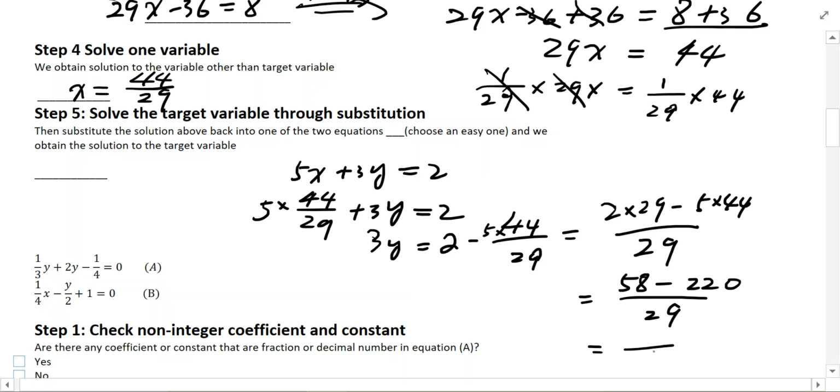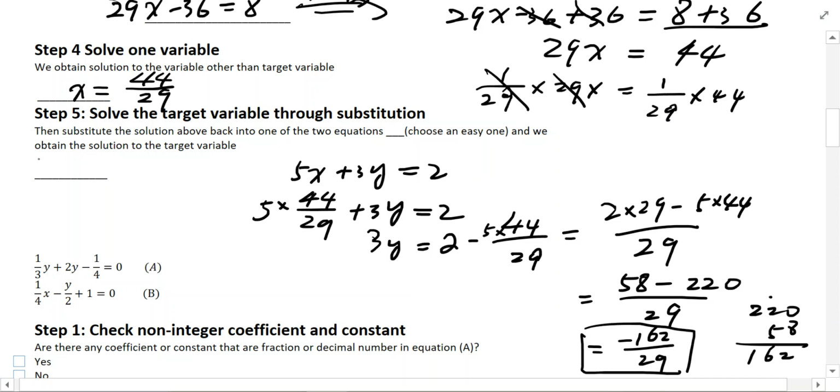So we get minus 162 over 29. So 3y equals minus 162 over 29. That's the answer. So we got the answer for y, I'm sorry.